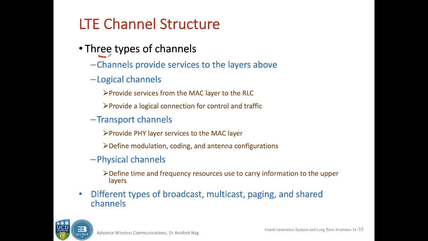There are three types of channels in LTE, and these channels provide services to the layers above. If you look at the different protocol layers of LTE, this is the PHY layer, then this is the MAC layer, and so on.